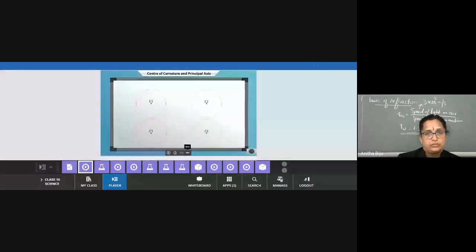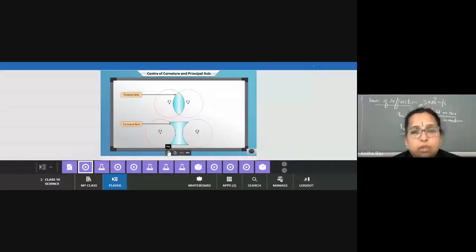A lens is made up of two curved surfaces, and each surface is a part of a separate sphere. You can understand this particular point in this figure. A convex lens is a part of two spheres, and their centers of curvature are also mentioned.